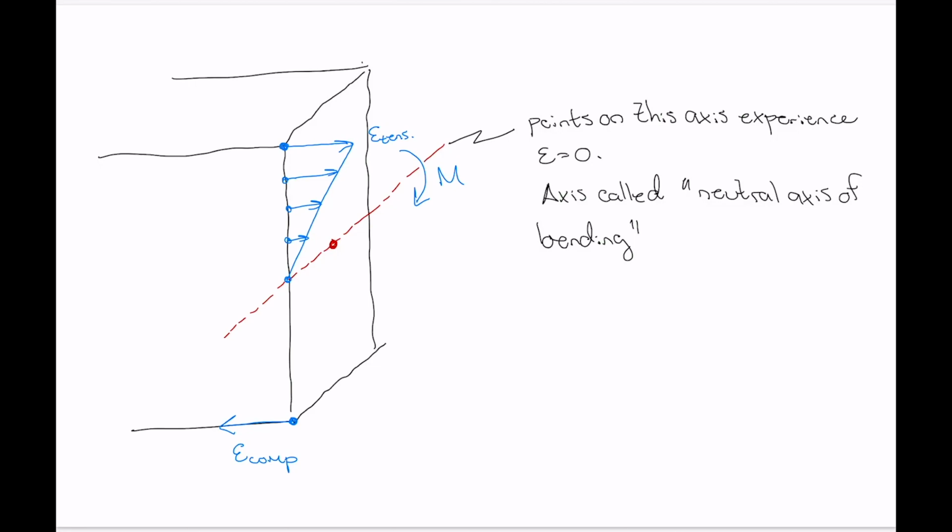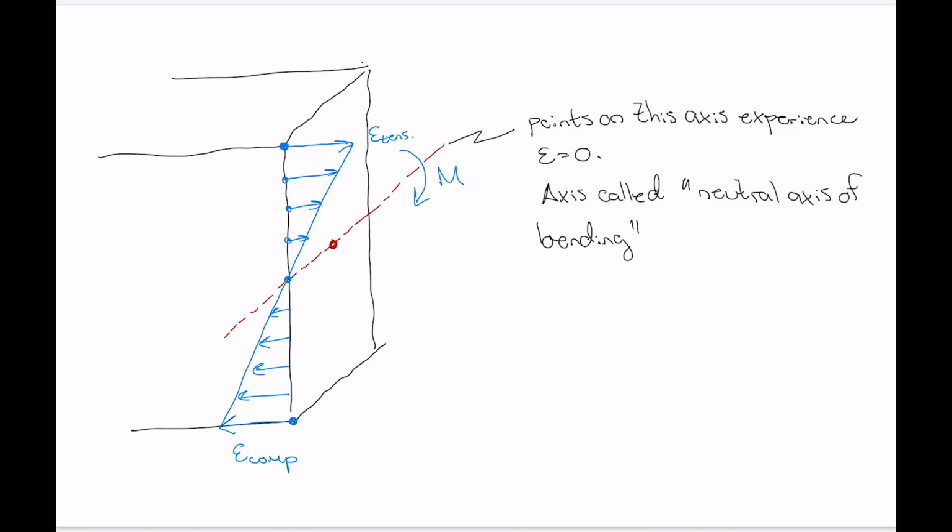And then we start getting compressive strains that increase on the other side of that axis, moving to the bottom of the cross-section that experiences the largest compressive strain. So we just have a mirror image of the top here, where the strains flip from tensile to compressive, and they get increasingly large as we move downward to the bottom of the cross-section.